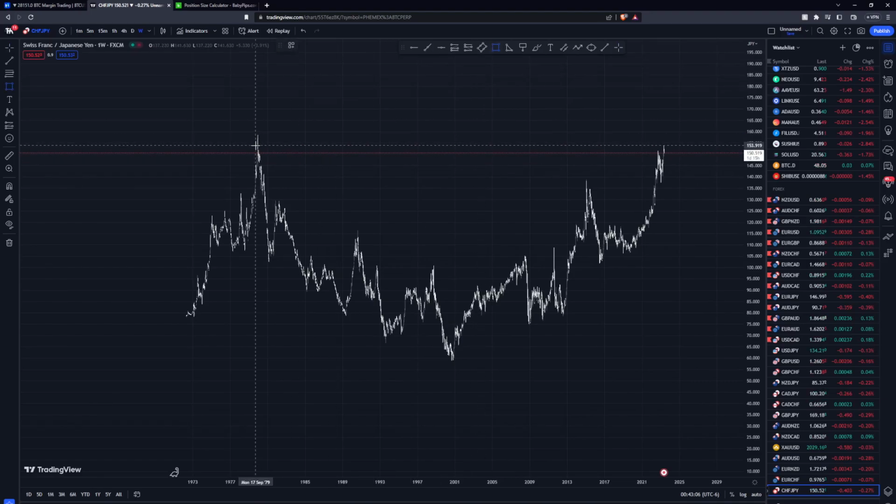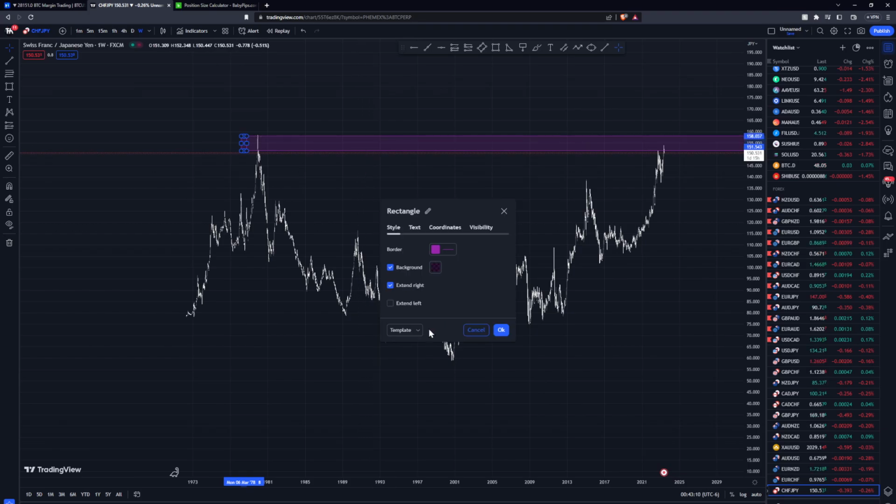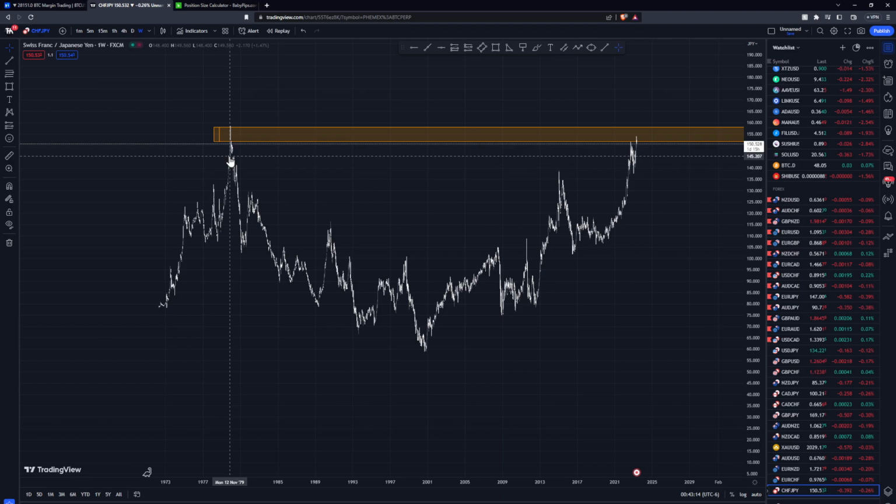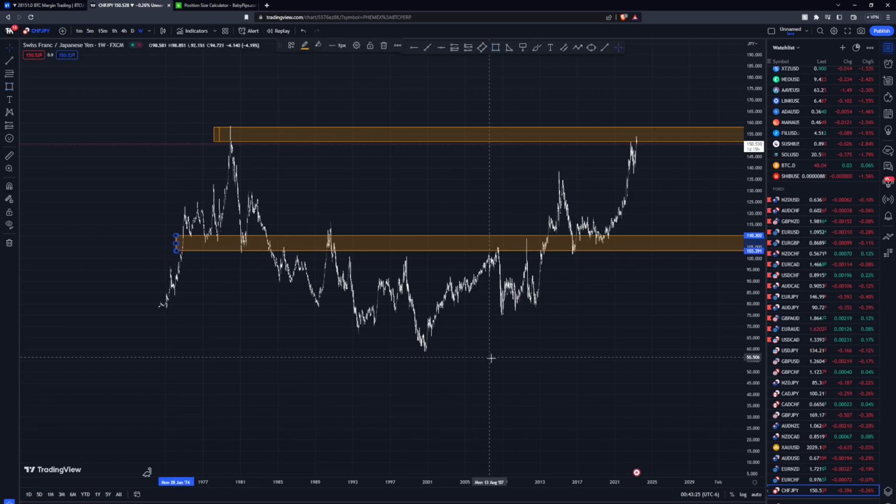So weekly, this one's actually getting close to its weekly high. Way back from 2008. That's interesting. Or sorry, back in the 80s. Wow, that's interesting. It's kind of cool, some of the stuff you find on charts when you really zoom out.